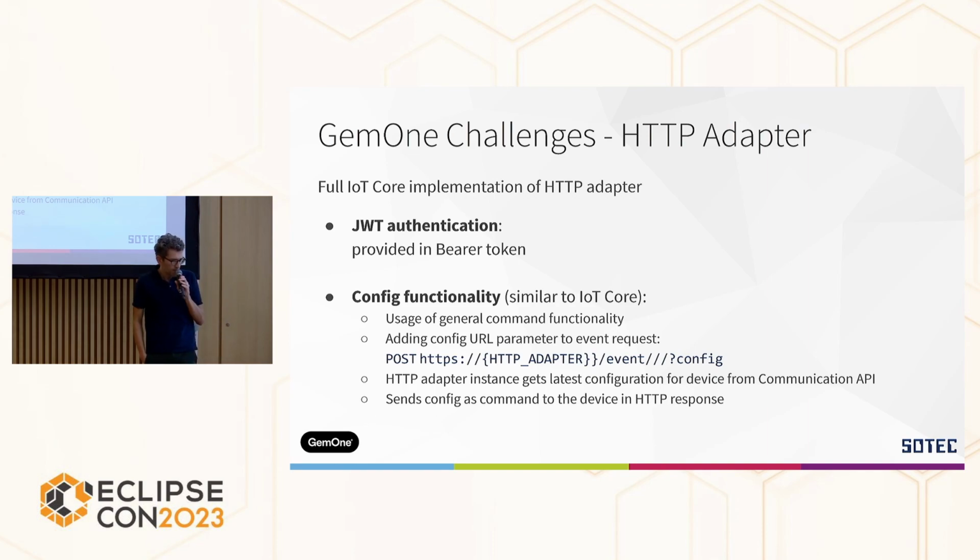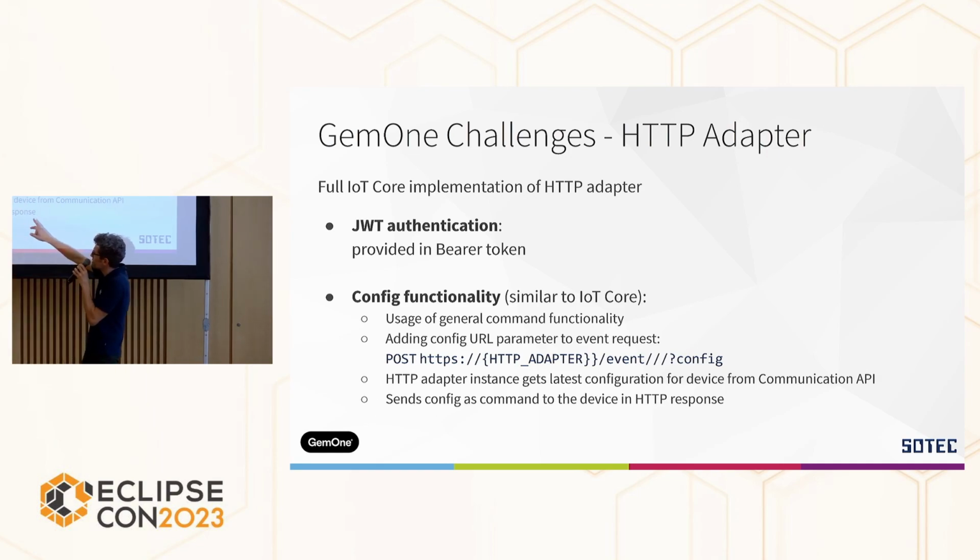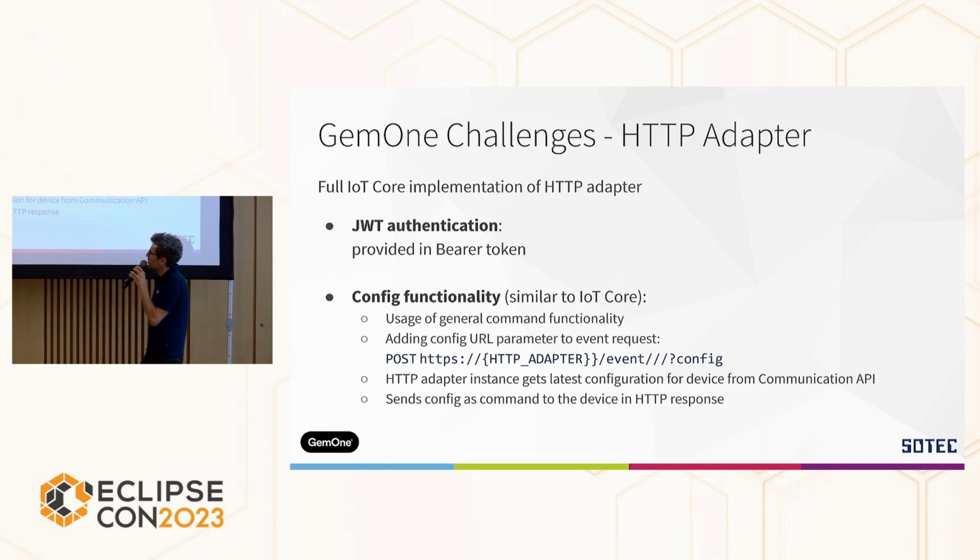We did this by adding a special parameter to the POST request for the event message. This is usually used for sending event data to the cloud, and by adding this special parameter, we tell the communication API that this device is interested in a configuration, and we then send this configuration down via the command router back to the device in the HTTP response.